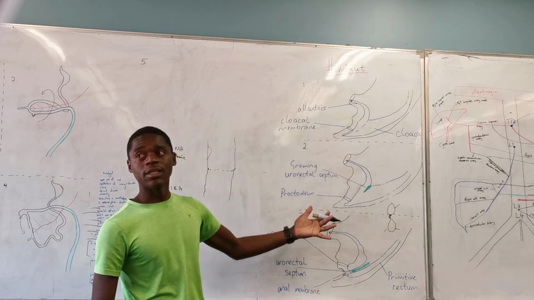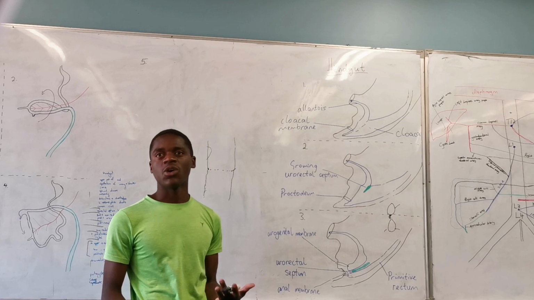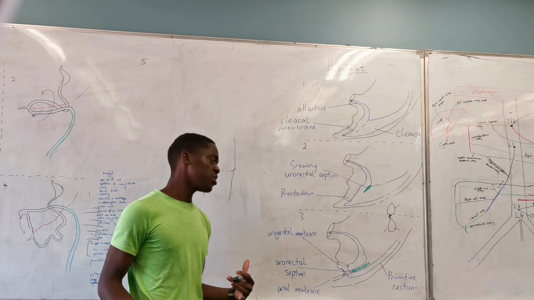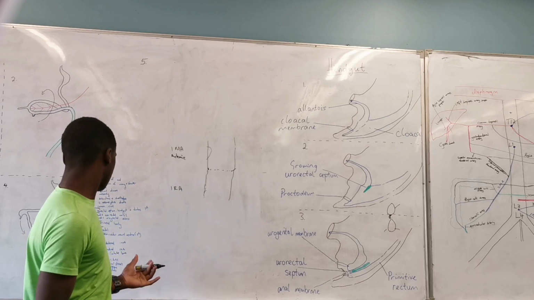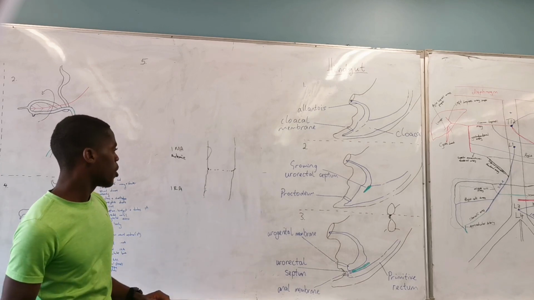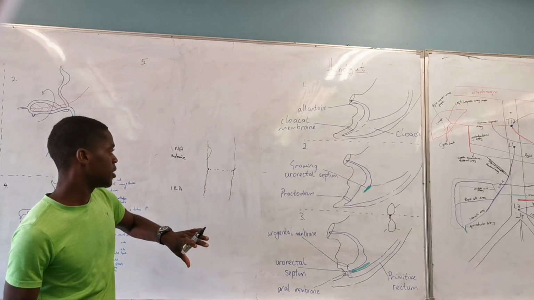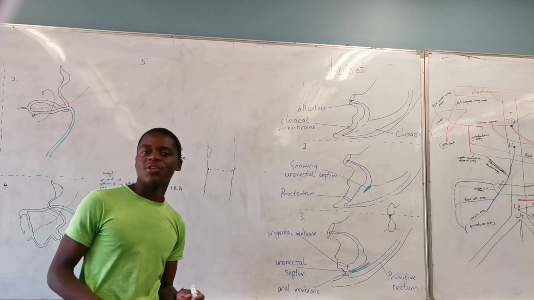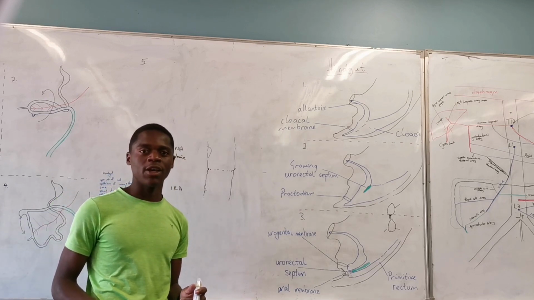Now that we have completed this development, the question is always, what can go wrong? So I will mention a few of the anomalies that can occur. We have this artery right here, and this region is a site of portosystemic anastomosis.